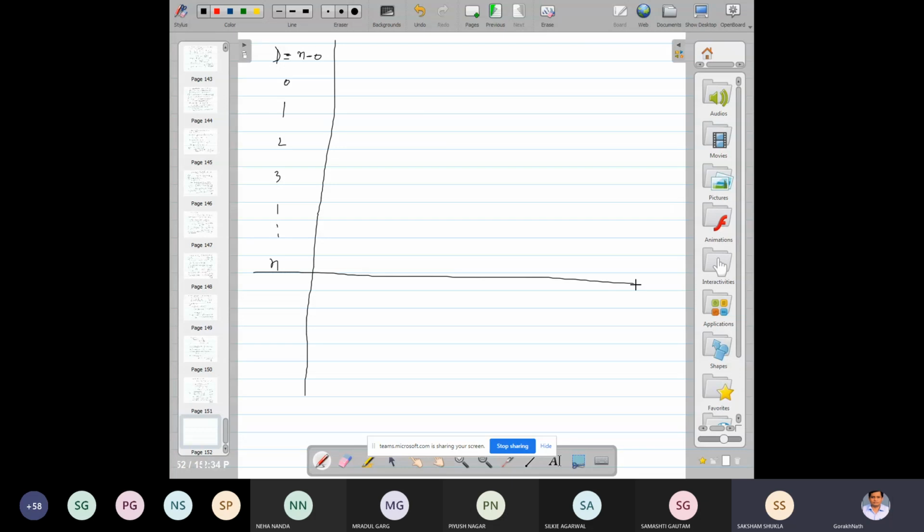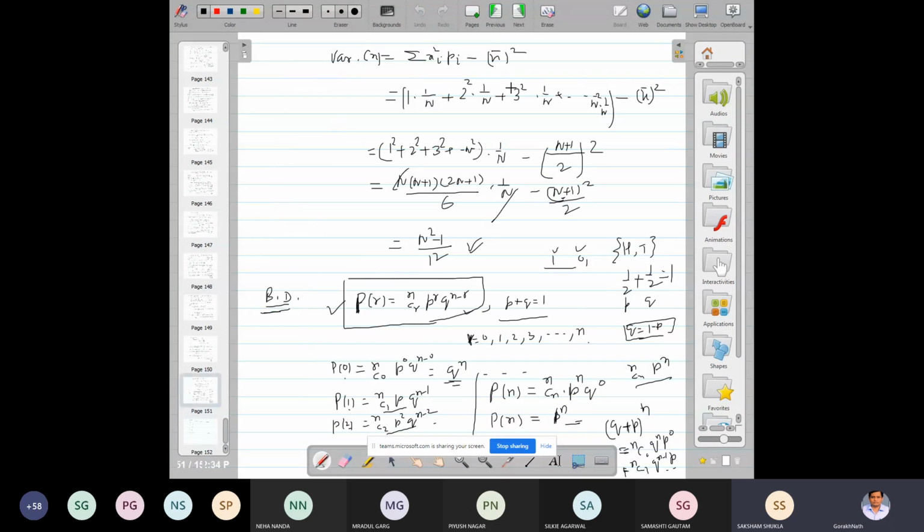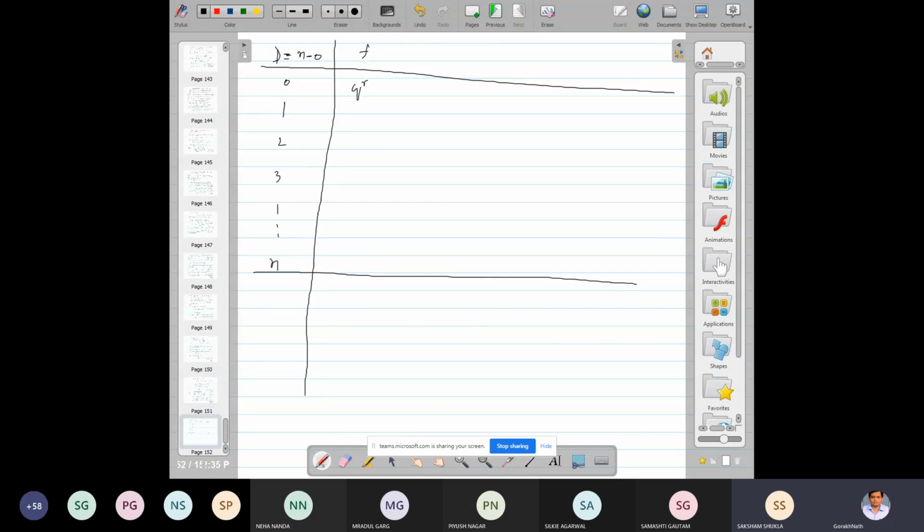These are the values of the random variable. And then suppose f is the probability of 0 success, 1 success, 2 success and n success. The first term is the probability of 0 success, q to the power n.